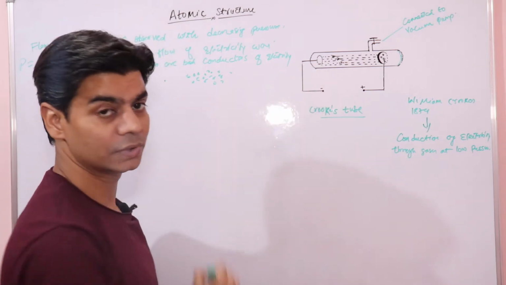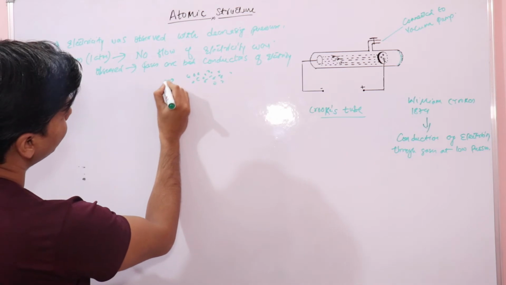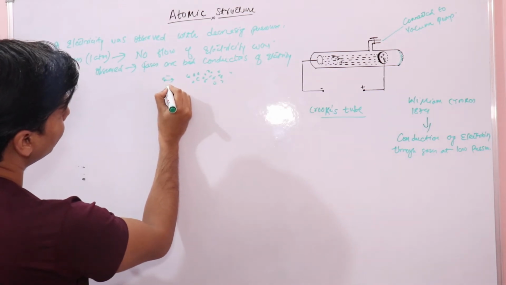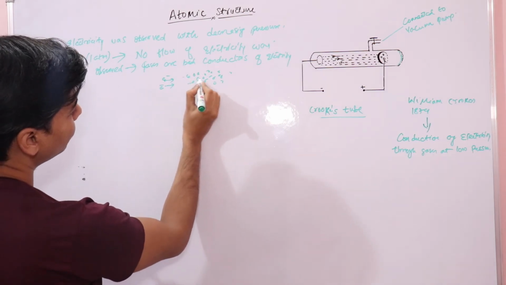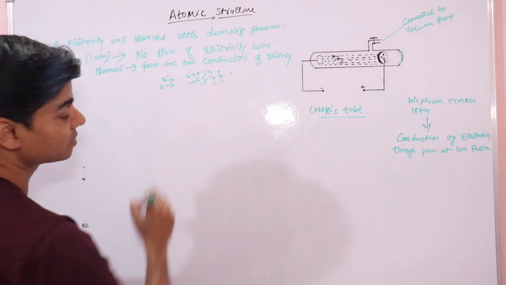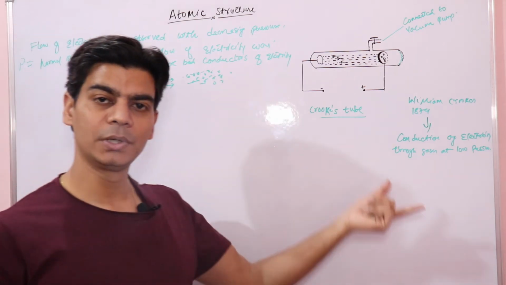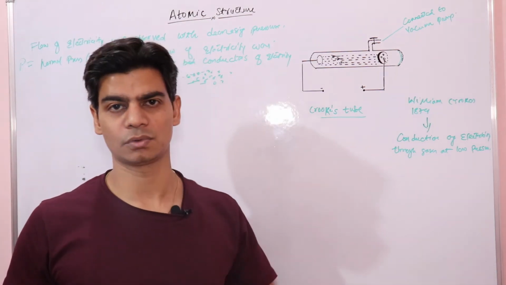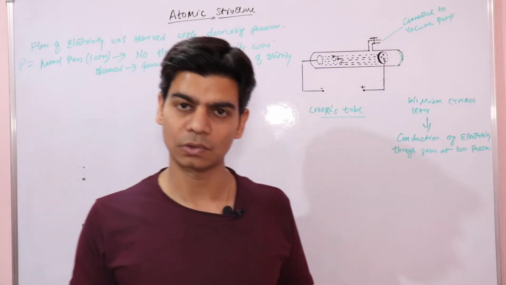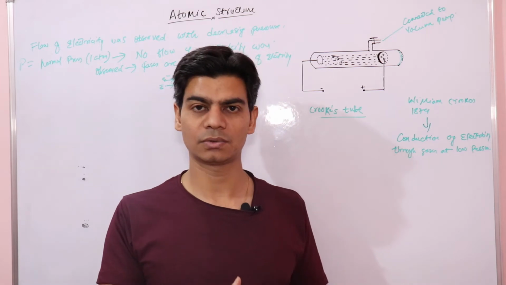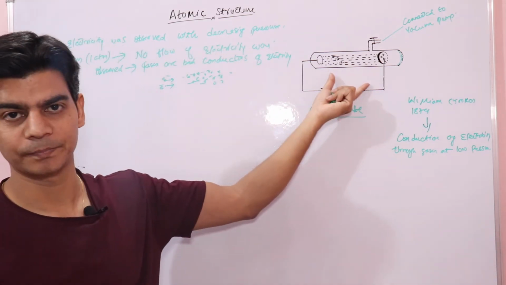The electrons emitted by the cathode would collide with these gas molecules. So these gas molecules will produce hindrance in the flow of electrons. So there is very little flow of electrons at high pressure.